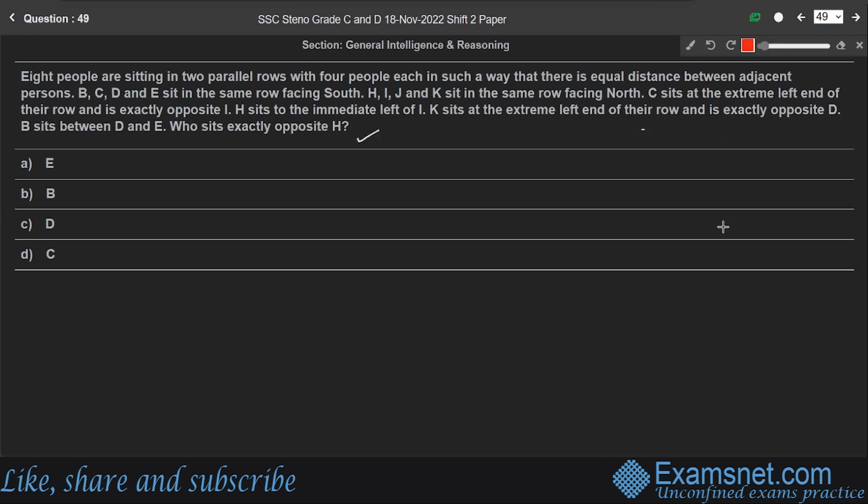Question 49. 8 people are sitting in two parallel rows with 4 people each in such a way that there is equal distance between adjacent persons. So we'll consider 4 people in each row. 1, 2, 3, 4 in 2 rows. They are sitting 1, 2, 3, 4 in the second row, right? So we'll consider row 1 and row 2, right?